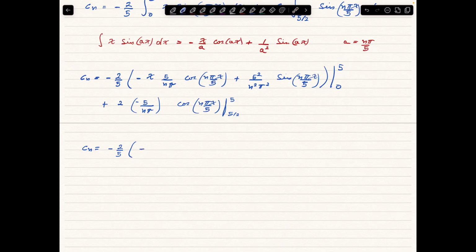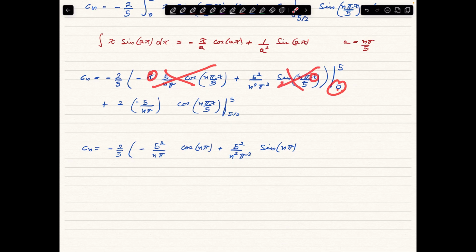So we are going to have minus 5 squared over n pi, then the cosine of n pi, the 5s cancel out, plus 5 squared over n squared pi squared, then the sine of n pi. This is the evaluation at 5. What happens when we evaluate at 0? When we evaluate at 0, we have a big 0 here, so it disappears, and also sine of 0, which is also 0. So we are going to get minus 0, minus 0.